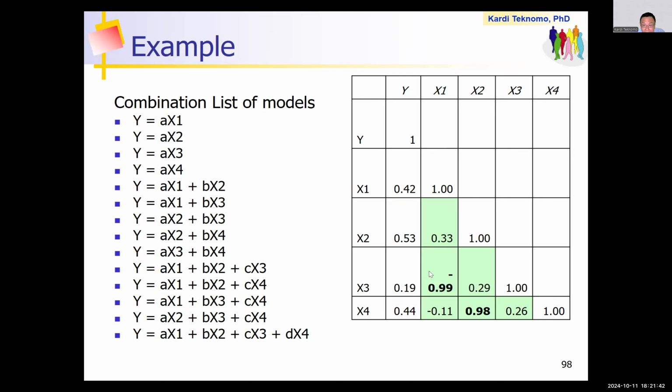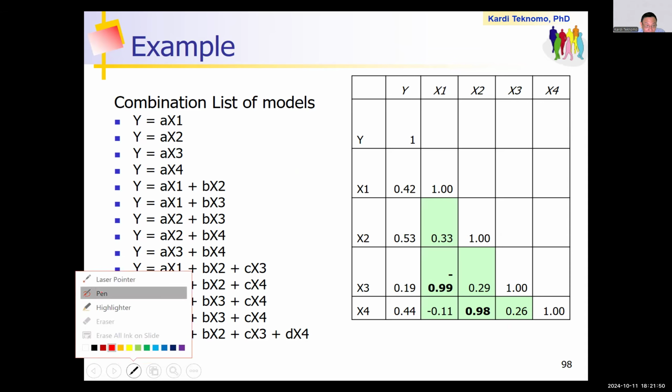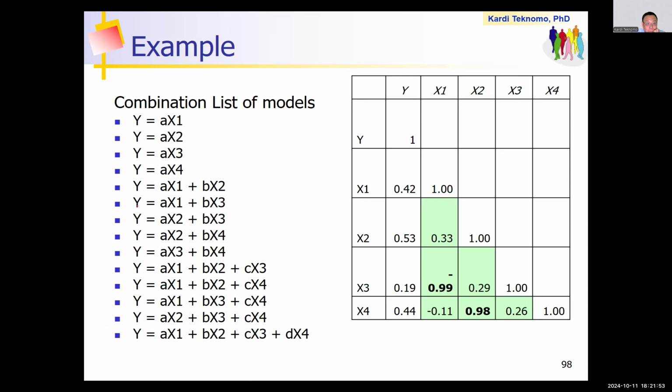When you have high correlation, like this one, X1 and X3 have high correlation.